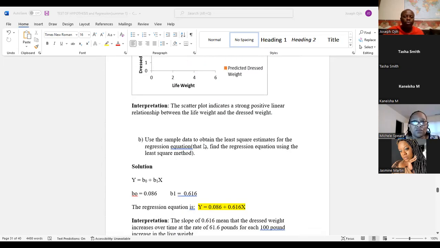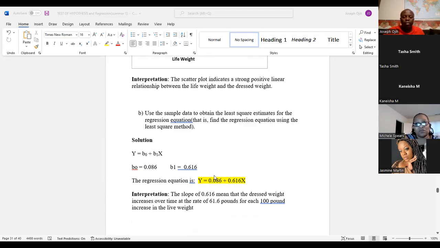The second one is use the sample data to obtain the least square estimate for the regression equation. So that means basically to get the regression equation. We get these numbers from Excel.